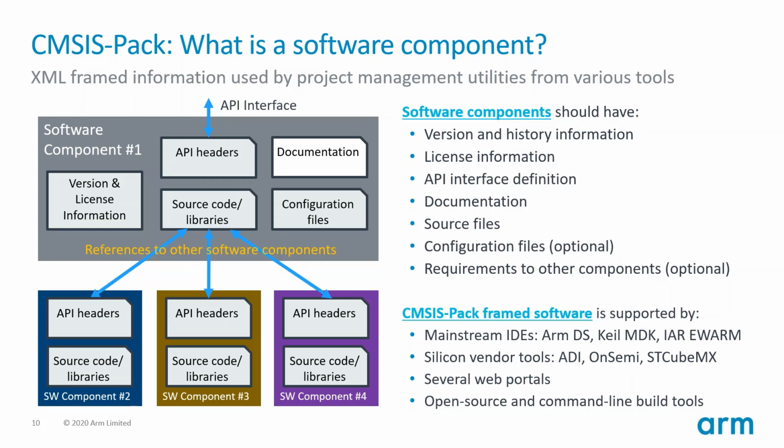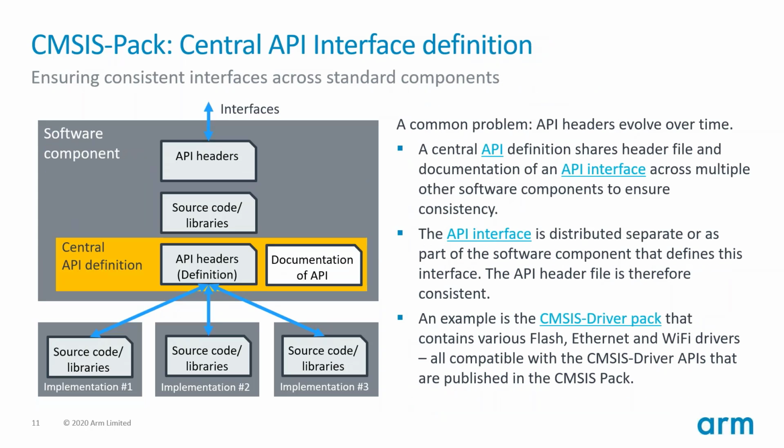Let me talk a little bit more about the API definition, as this is a common problem in the industry to have consistent API headers, and the CMSIS-Pack system therefore has a way to define a central API definition that comes with the software component and can then be referred by various implementations.